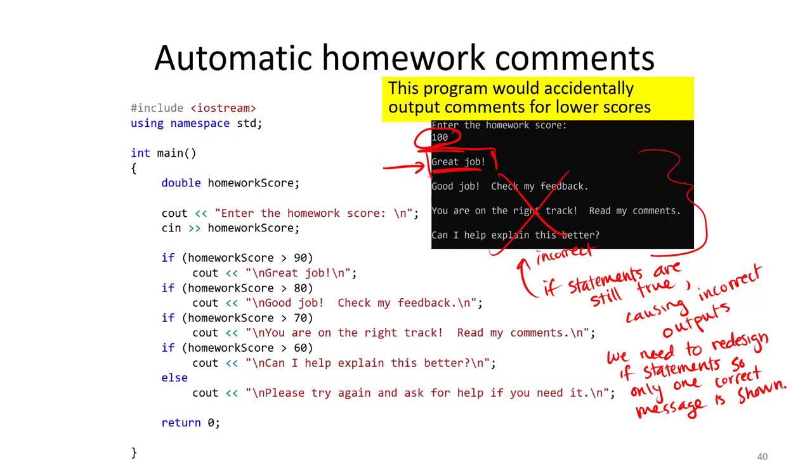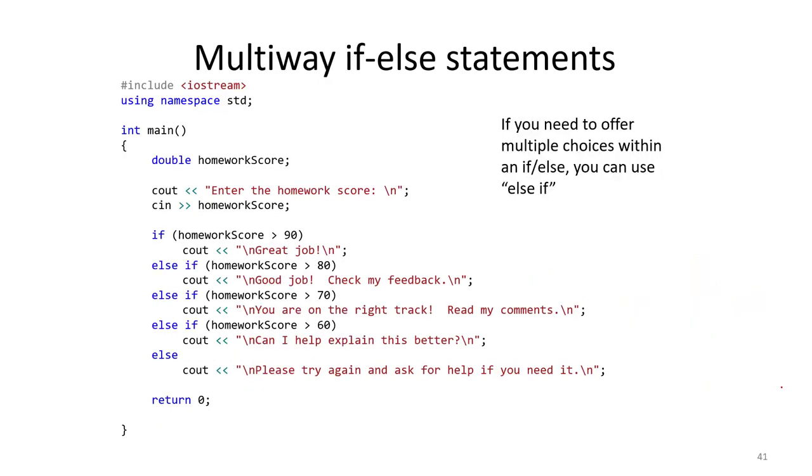There are a few ways you could do this. One way that I would recommend is to use else if. So else if is one way to offer multiple choices within an if and else.